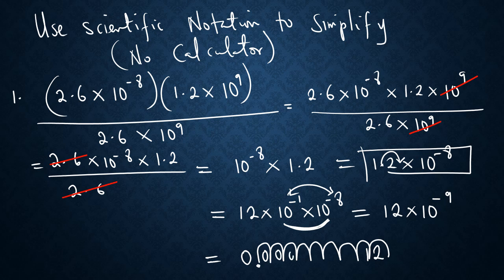So something like that. So this is very helpful. So which means my final result should be 0 point, that's 1, 2, 3, 4, 5, 6, 7, and then 1, 2. Done. So let's try another one.